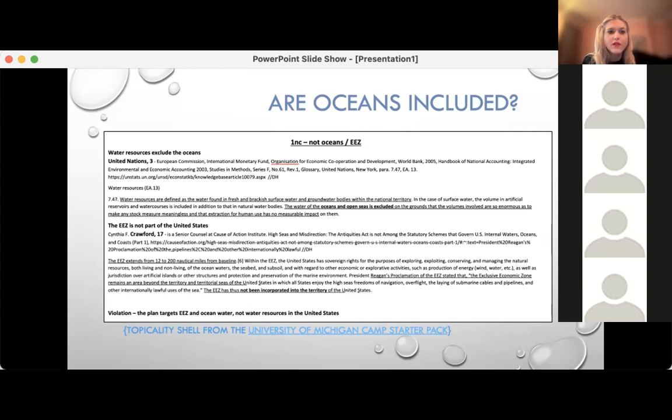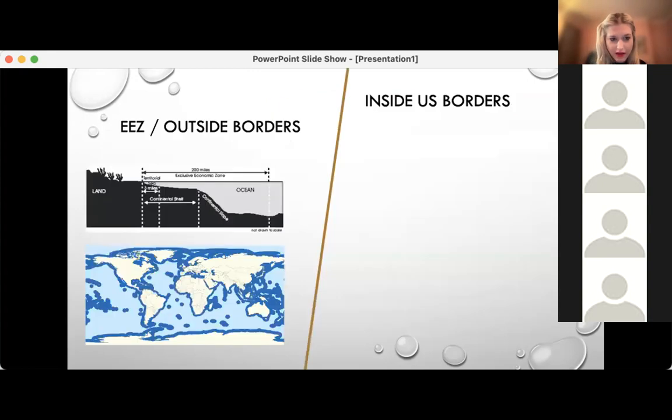So part of the waters of the US is arguably, I'll go to the slide ahead, all of this dark blue around these territories of water would be extensions of nations' and lands' territory based on this 200 nautical mile concept. So this part would be the United States, this part would be Canada, and this part would be the United States because it's Alaska.